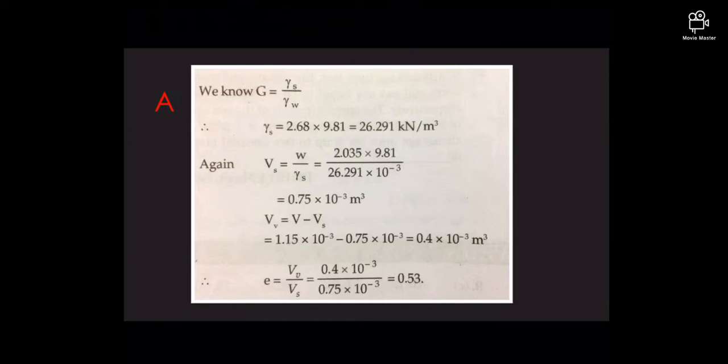Vv is V minus Vs. From the total volume we have to subtract Vs. So we get 1.15 into 10 raised to minus 3 minus 0.75 into 10 raised to minus 3, which is 0.4 into 10 raised to minus 3 meter cube. Now we have Vv and Vs, and the equation for void ratio is Vv by Vs. Just substitute the values and we get the answer as 0.53.